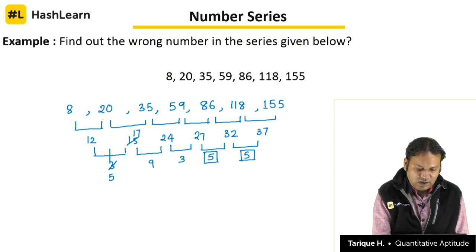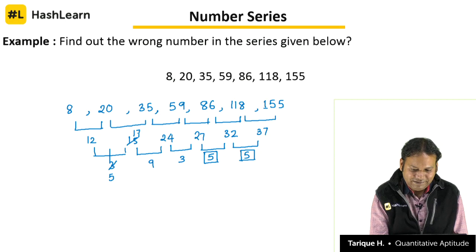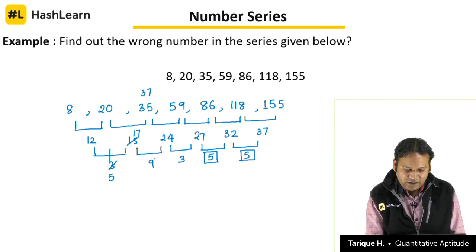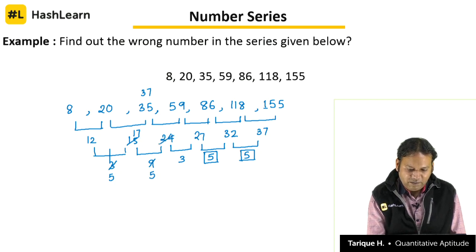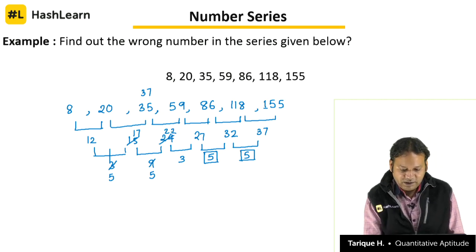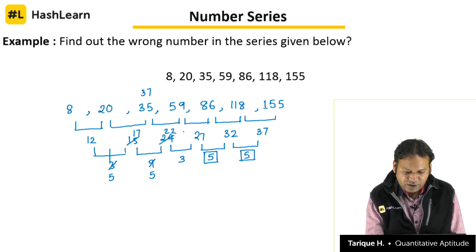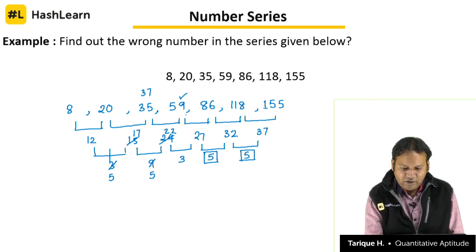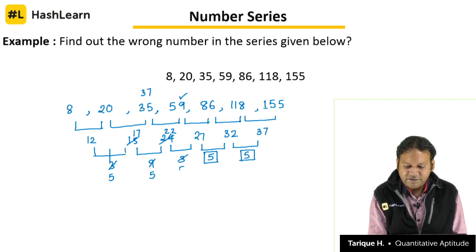So 8 plus 12 is 20, and 20 plus 17 will become 37, right, and this difference is 5. So 17 and 5 will become 22, correct. 37 plus 22 becomes 59, which is correct, and then onwards the series becomes right. 22 and 27 difference is 5.